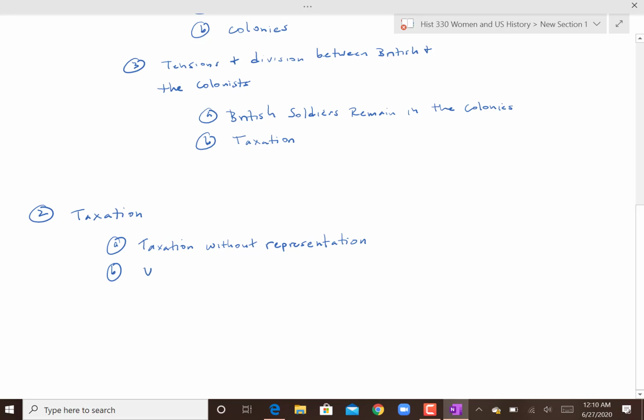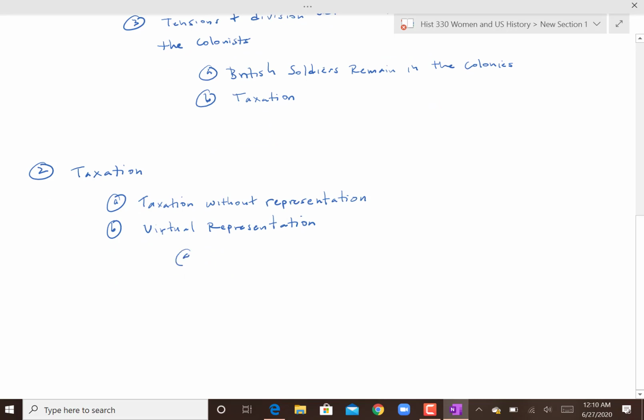The British said that they did have representation. They had virtual representation. Virtual representation was essentially that a member of Parliament represented both the colonists and their district. So they said, no, we're giving you representation.